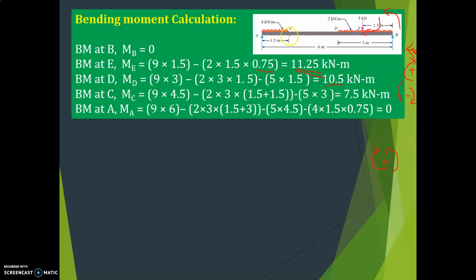Next, bending moment at C. RB into this distance. Total 6, here 1.5, so till here it is 4.5. So RB is 9, 9 into 4.5 minus 2 into UDL 3 into half of 3 is 1.5, plus, as we are considering till C, you also have to consider the distance 1.5. So 2 into 3 into 1.5 plus 1.5.